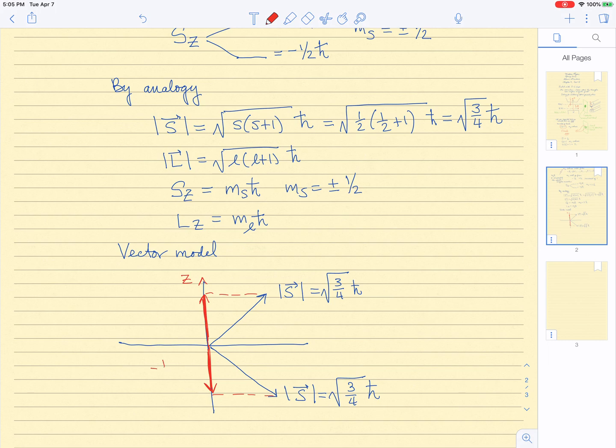This would be negative 1/2 h bar. This would be positive 1/2 h bar. And we commonly call this spin up.